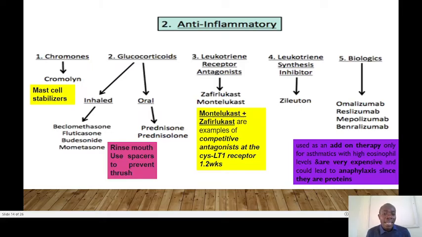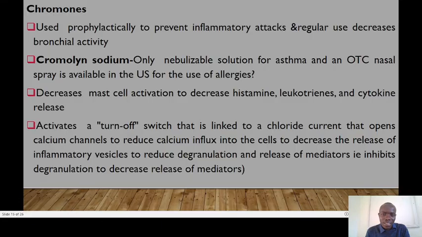It's used as an add-on therapy only for asthmatics with high eosinophil levels, and it's very expensive. Unfortunately, it's also a protein, so it can cause anaphylaxis. So that's how tricky this drug is in this case.